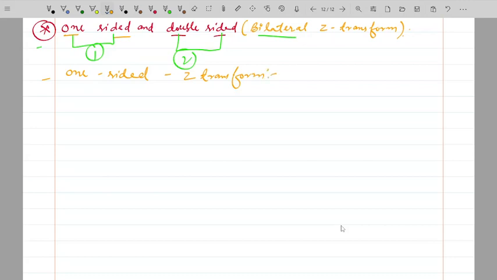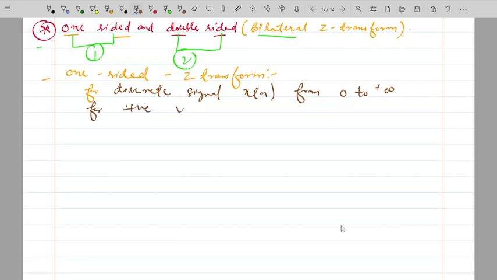What is the one-sided Z transform? Basically, the one-sided Z transform is a transform where, for a discrete signal x of n, it transforms or analyzes the values from 0 to infinity, meaning positive values of the discrete signal, that is from 0 to plus infinity.